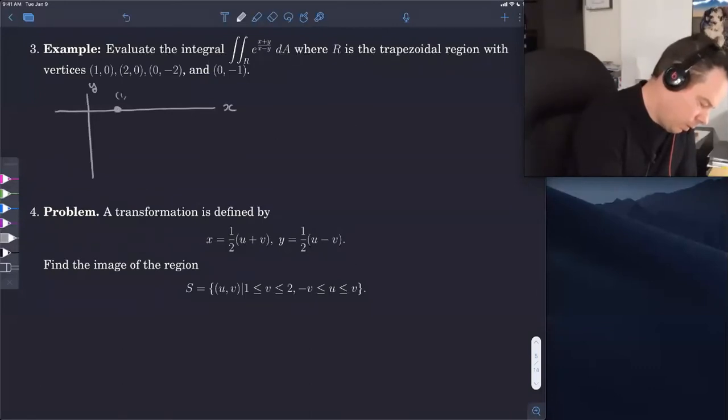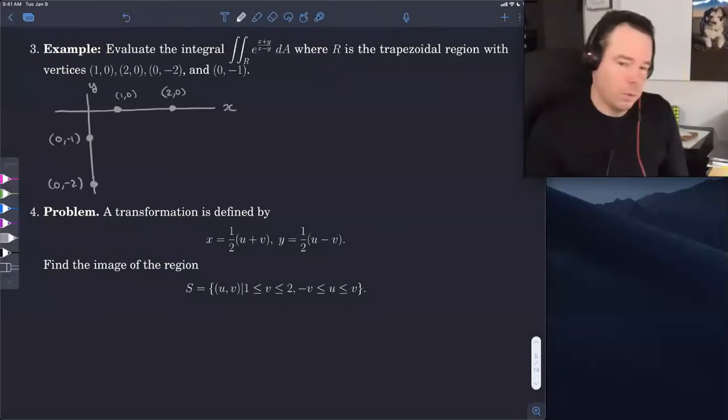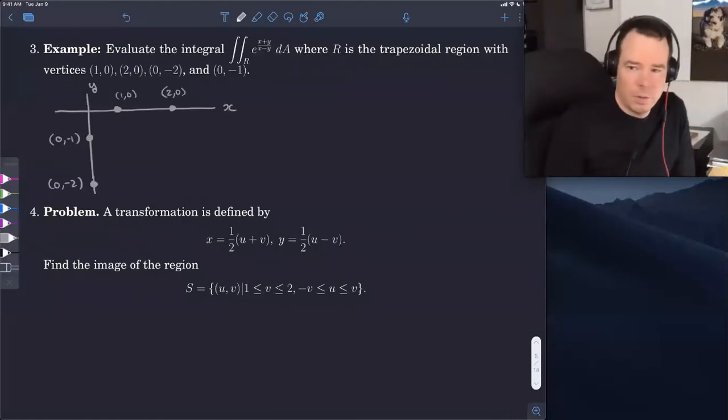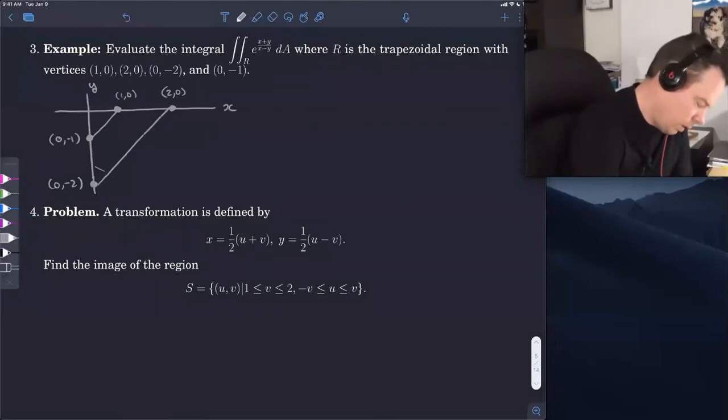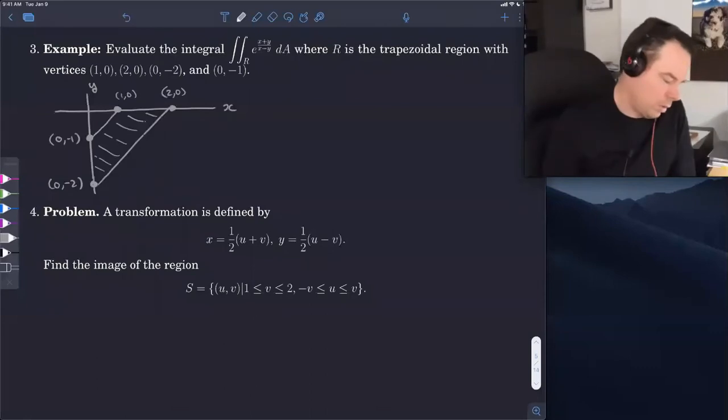We've got a 2, 0, we've got a 0, -1 point, and we've got a 0, -2 point. So those 4 points are the vertices of our trapezoidal region. So we can connect those points up. And there's the region that we're interested in integrating over. That's our region R in this case.